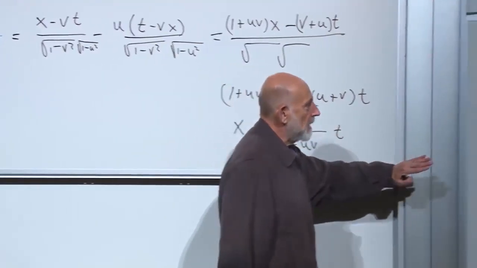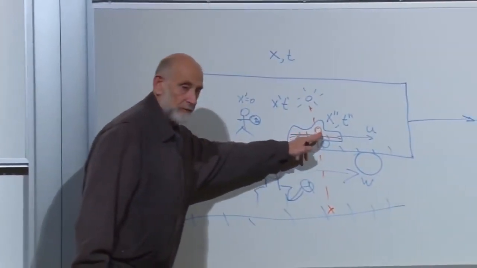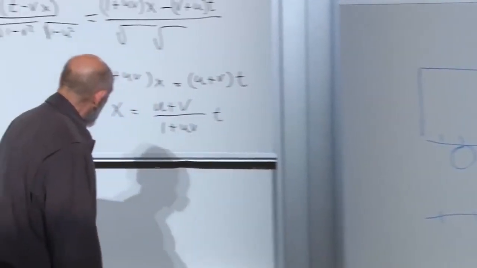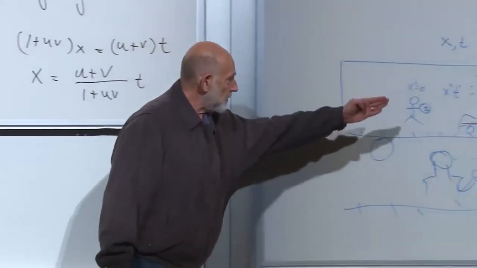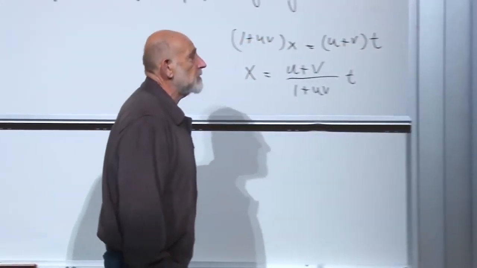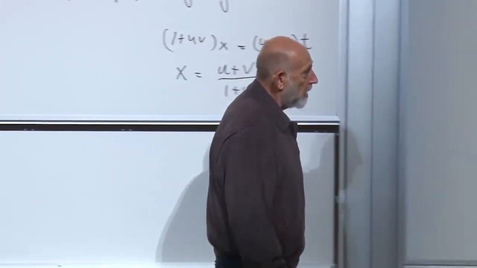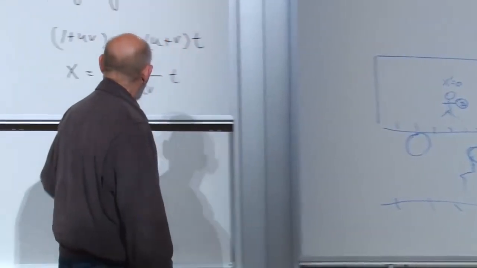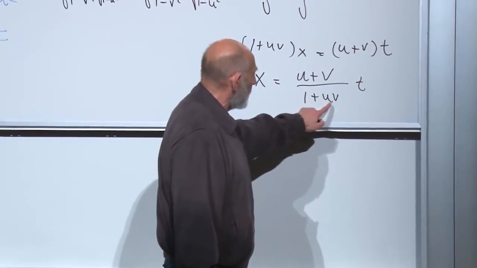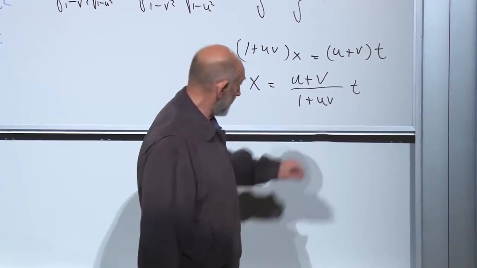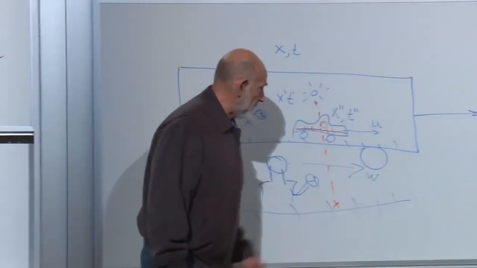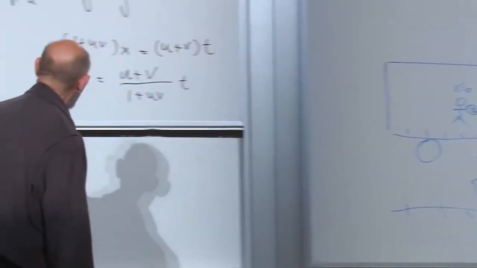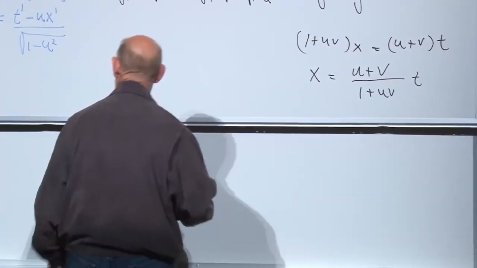That corresponds to x double prime equals 0. But another way to say it is just that the stationary observer sees the kiddie car moving along with velocity u plus v over 1 plus uv. So we now know what w is. That's exactly what w is. We worked it out.